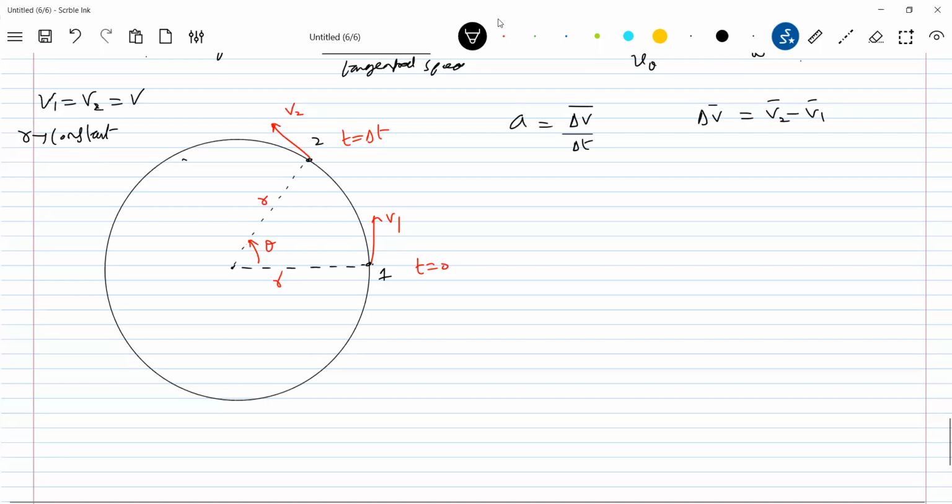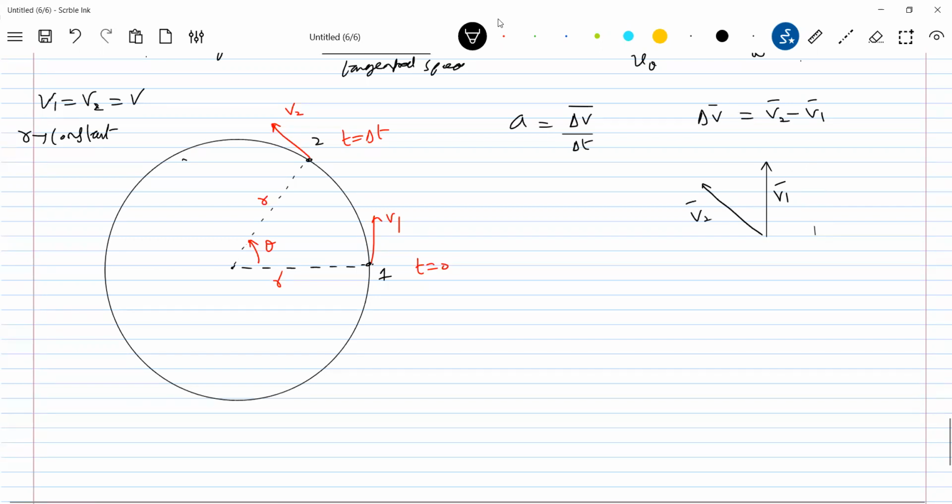We define it like this. So let's go for the vector diagram. V1 bar is like this. What about V2 bar? V2 bar is somewhere like this. Then what do we want?